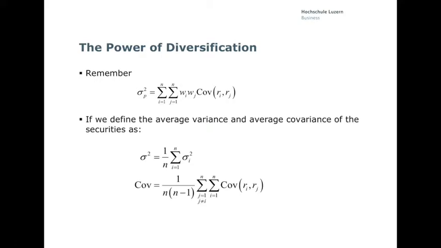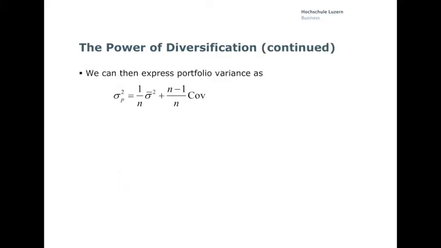Recall the general formula for the variance of a portfolio composed of n risky assets. This is also called a naive diversification strategy, in which an equally weighted portfolio is constructed. We have the following formula for variance and covariance. Continuing from the previous slide, we can rewrite the portfolio variance as shown here.